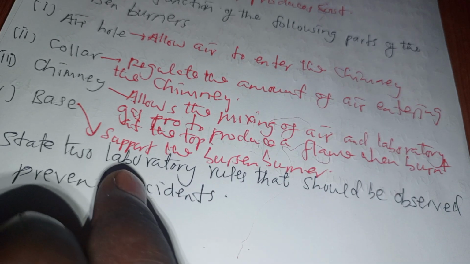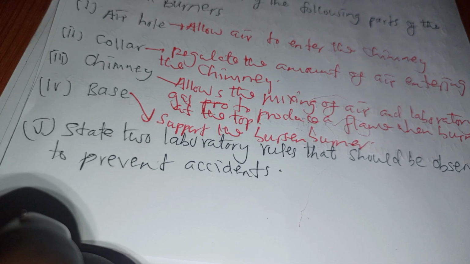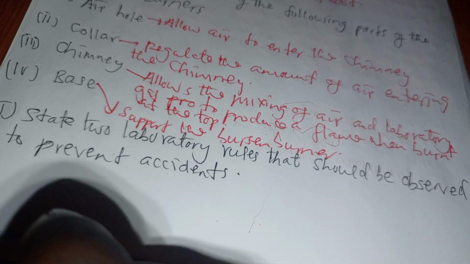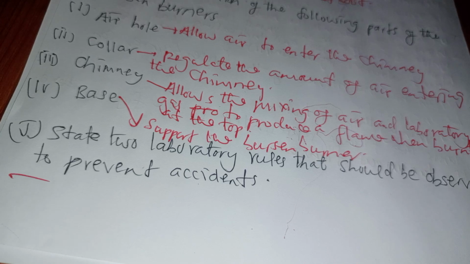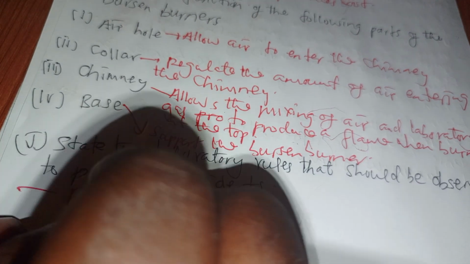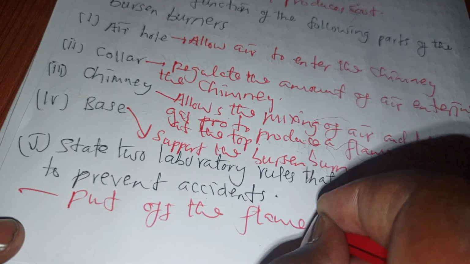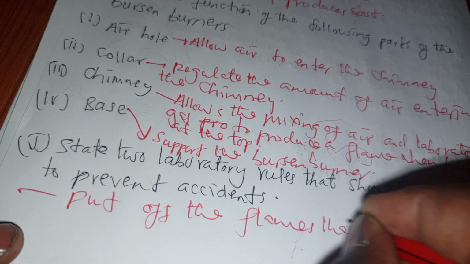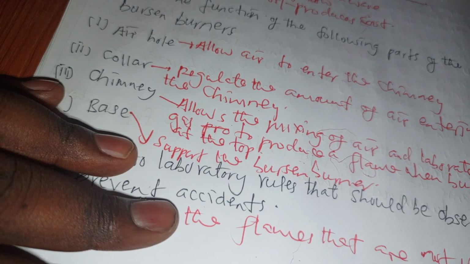Then state two laboratory rules that should be observed to prevent accidents. Number one, you put off the flames that are not in use.